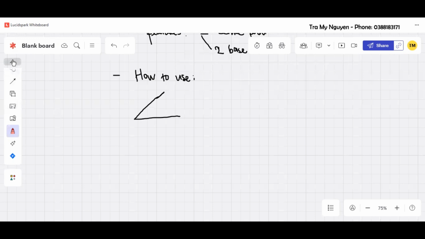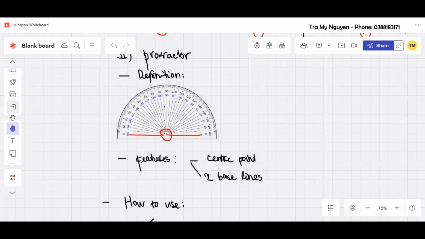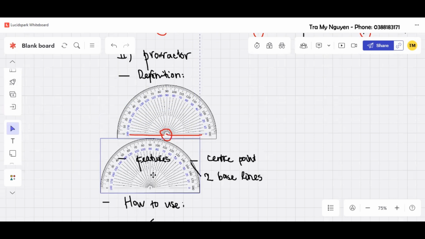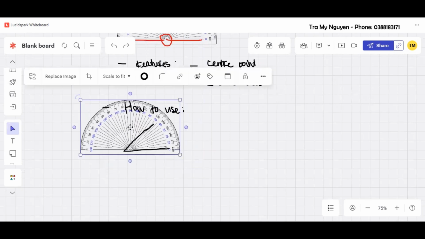Firstly, I will copy and paste the protractor above. Then I will introduce the usage of this protractor to all of you.